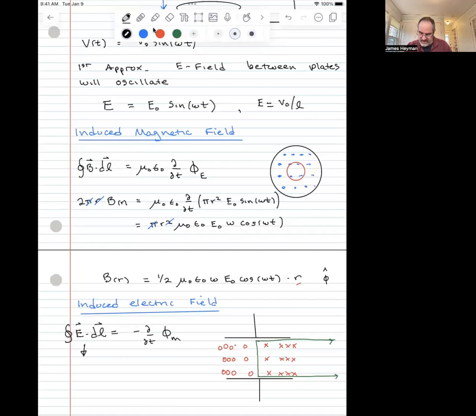What that means is that the integral of the electric field around the loop will look like the following.